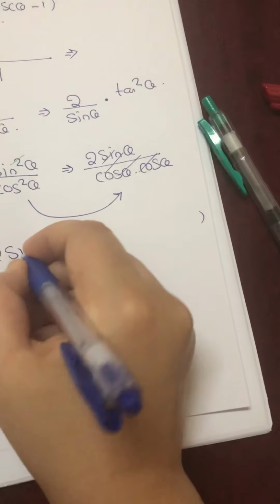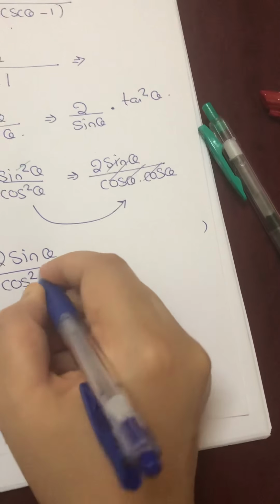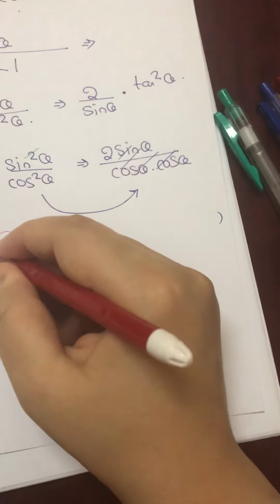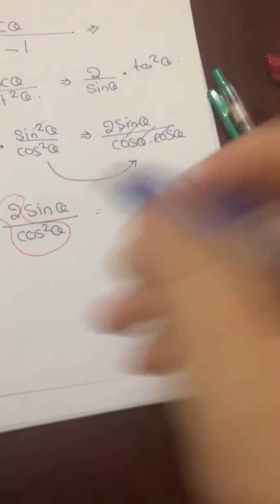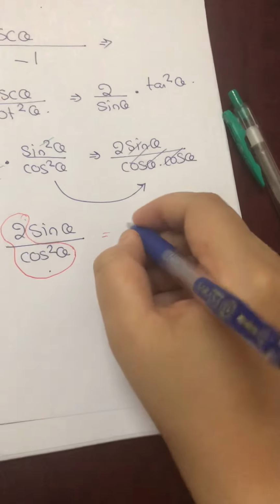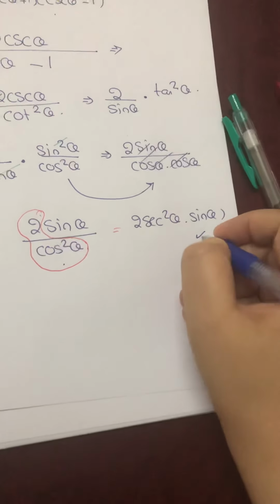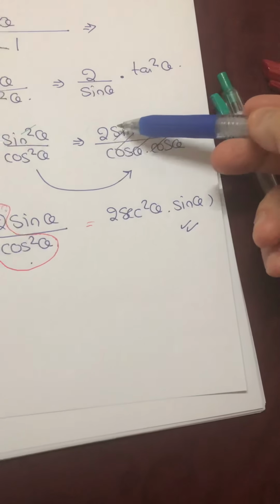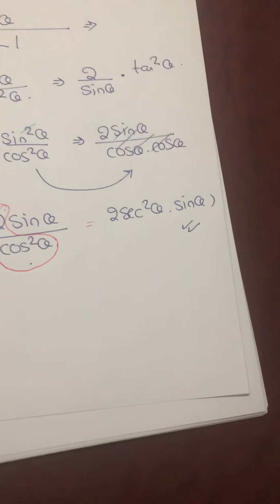I just want to leave it as cosec squared theta, because I thought the answer wants a tan, but it doesn't want that. You must work for what you need, what is required. I want 2 over cosine squared theta, that is 2 sec squared theta times sine theta, and this is the answer. Firstly, when I did that, I thought they're gonna say the answer is 2 tan theta sec theta, but that wasn't the answer. Okay, so anyways, this is number 12.